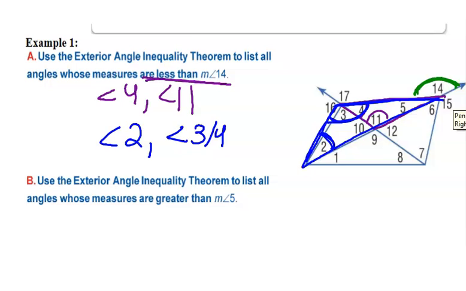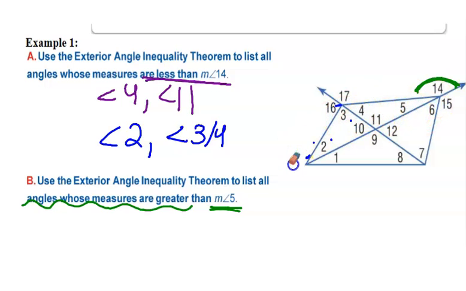Now let's go the opposite. If we were looking at angle 5, we want to see which angles would be greater than angle 5. So where is angle 5? Well, angle 5 is actually on the inside. So we're going to do the opposite of what we just did. If angle 5 is on the inside, we want to know what exterior angle it is connected to.